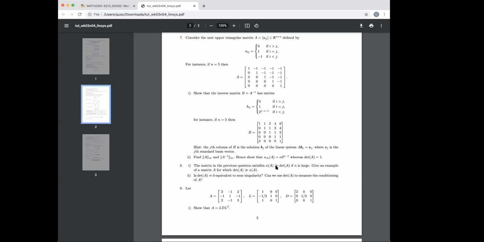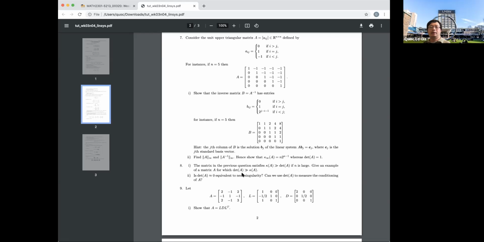So now can you give an example of a matrix whose determinant can grow but whose condition number is fixed? Think of a simple matrix.